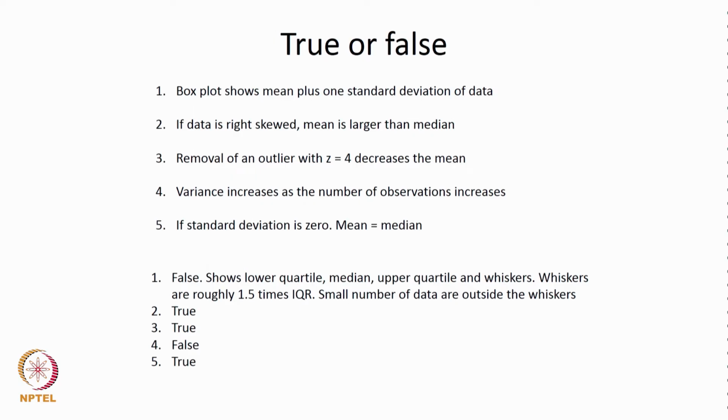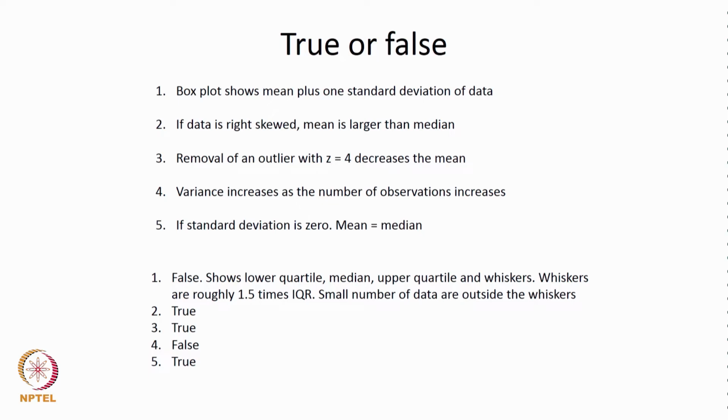Now, let us look at some true or false questions to see whether we have understood things well. Box plot shows the mean plus one standard deviation of data. The answer is also given in the same slide, but we will look at the answer after a discussion. If we go and understand what the box plot is, the box plot starts with the median and does not start with the mean, and therefore, the answer has to be false.